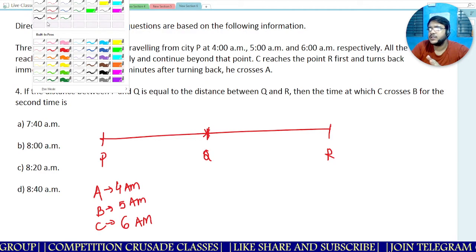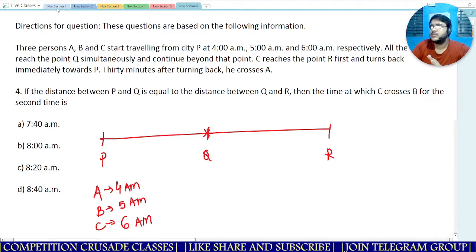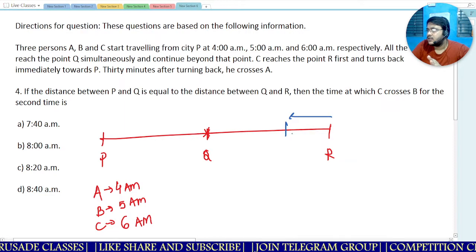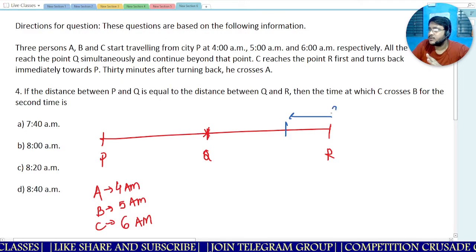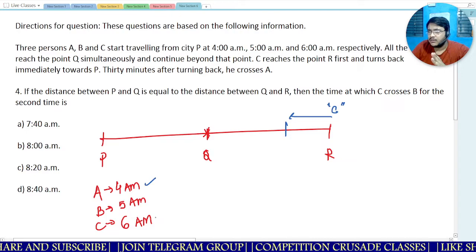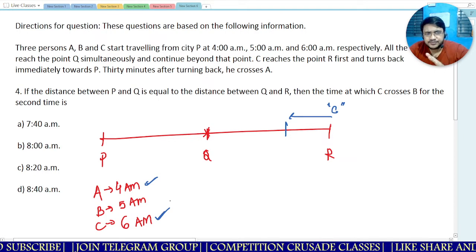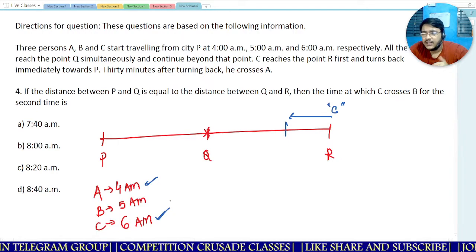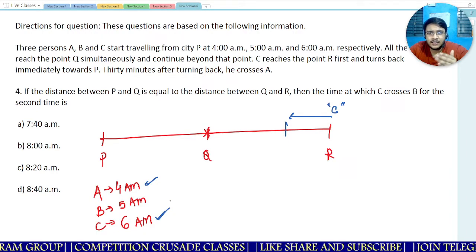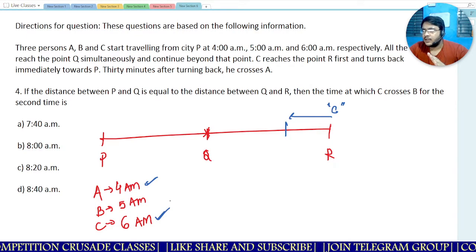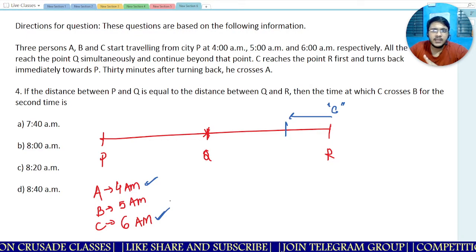Let me choose a different color. C reaches this position R first, of course, because even after starting 2 hours late, he is able to reach Q simultaneously with the other people.